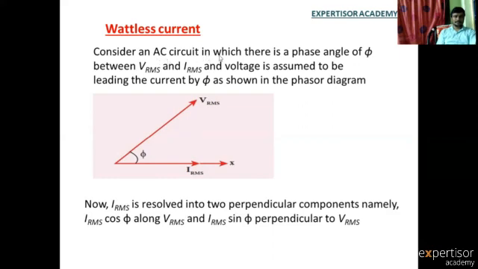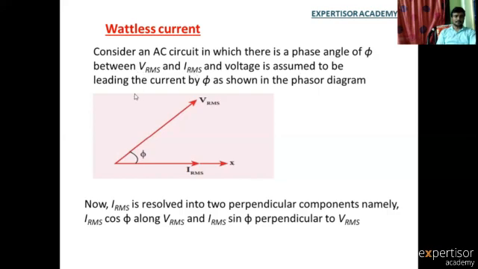The phase represents the physical structure of the wave and the position of the wave as it passes through some axis. So the phase angle phi is between root mean square voltage and root mean square current.